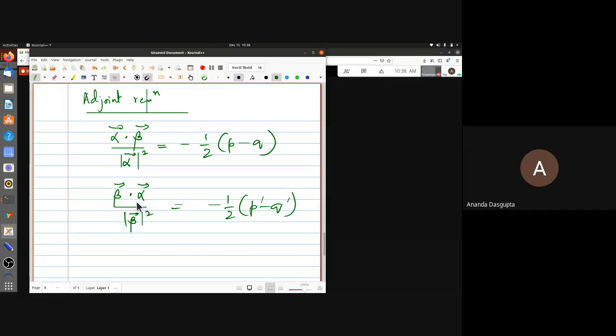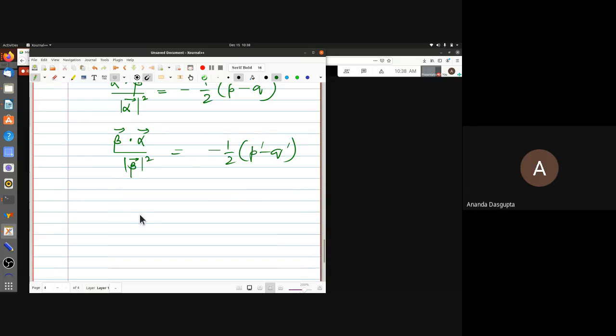But the results, of course, look very symmetric, and the final result that you get out of here is that the angle between the two is given by this thing. And since P minus Q and P prime minus Q prime are just integers, this immediately gives you that there are only a few angles possible.